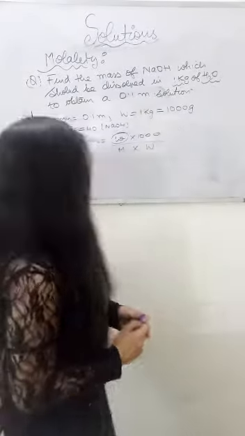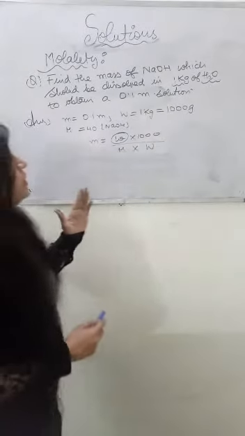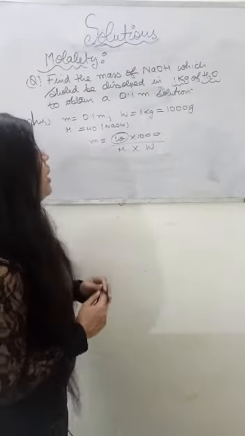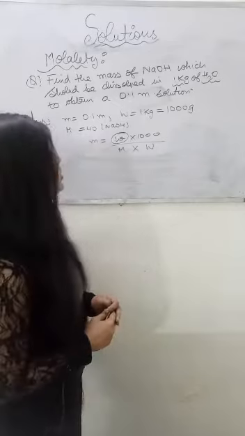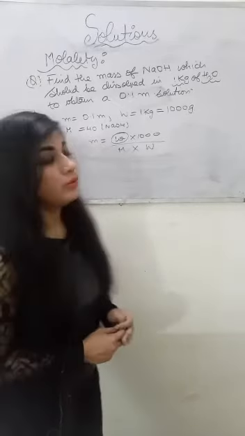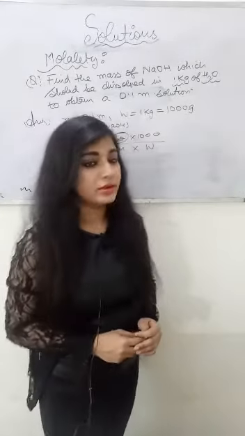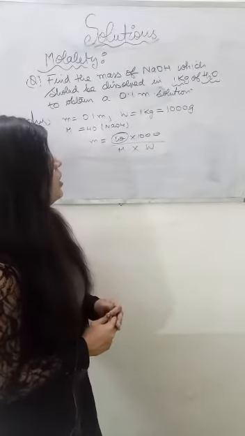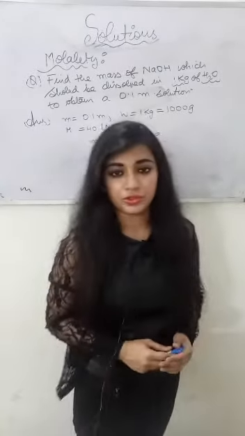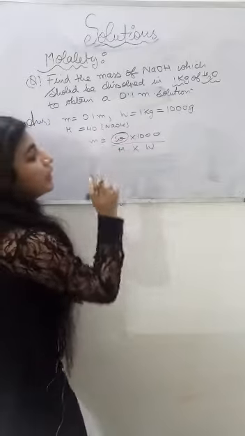Molal solution. I am repeating the question again. Find the mass of NaOH which should be dissolved in 1 kg of water to obtain a 0.1 m solution. Now the values that we are having: 0.1 m.